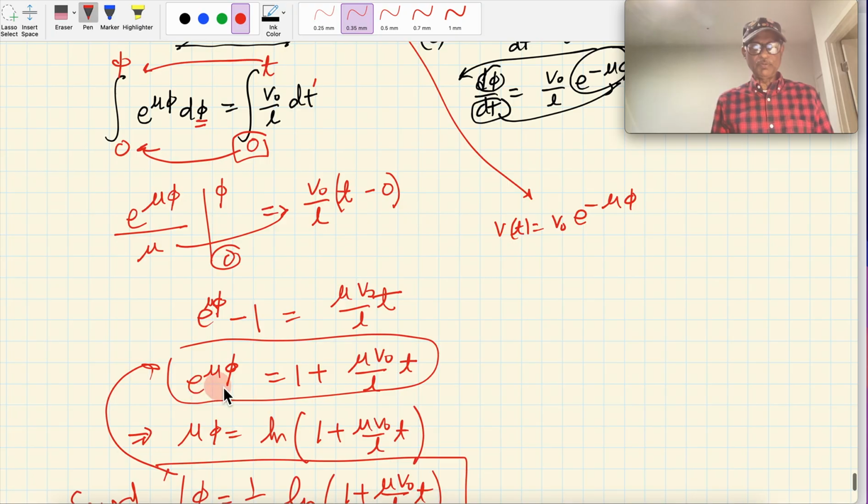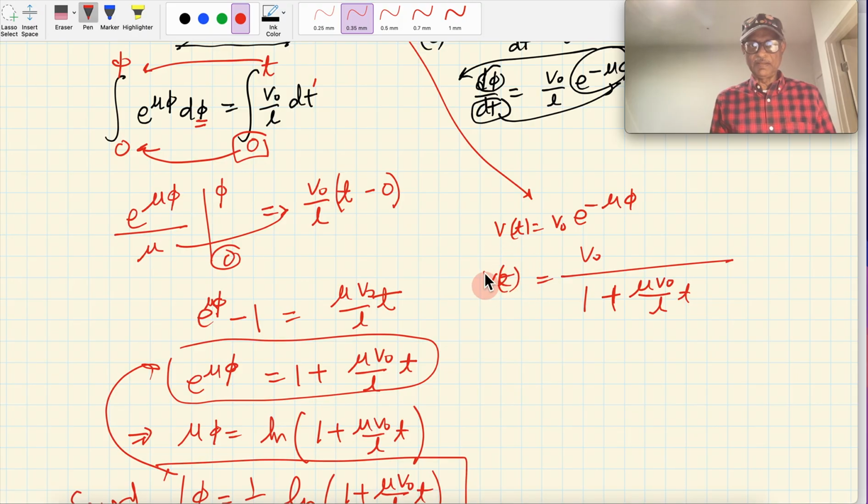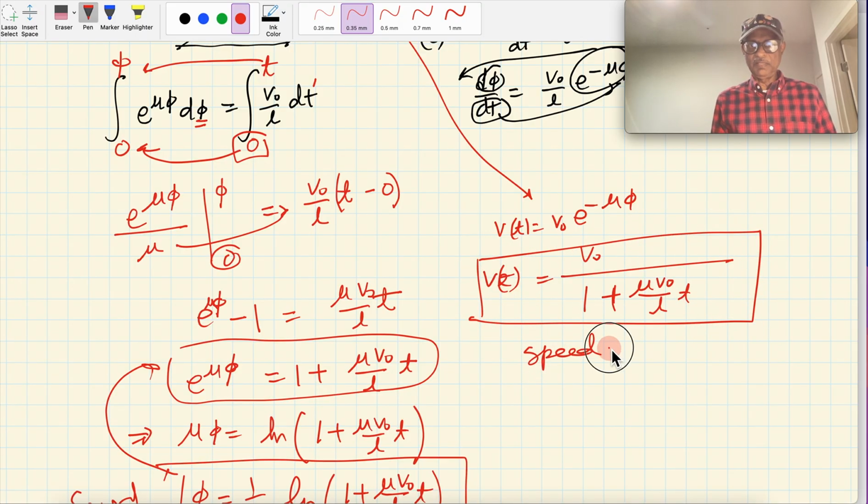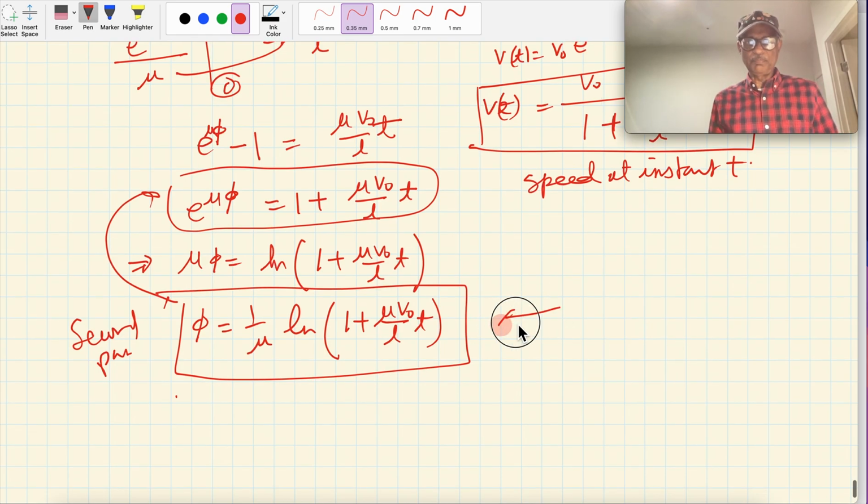We have a plus here, so this will be 1 over that. So v0 over 1 plus mu v0 over L t. Now this is explicit in t. So this is the answer for v of t, the speed at instant t. And you can say this is the position at instant t.